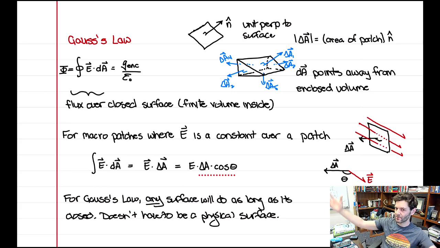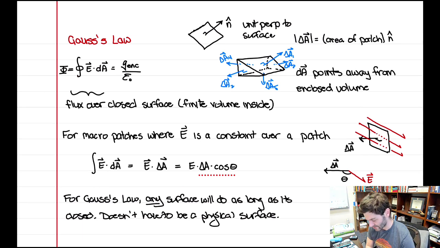It might be changing on a larger scale, but I can always zoom in enough so that it's a constant, and then look at a bunch of tiny little patches where it's constant over each of those patches. As long as I take all those fluxes through all those little patches and add them up, and the surface encloses some finite volume, I can say something about the charge inside.